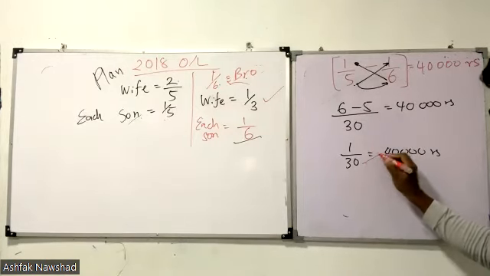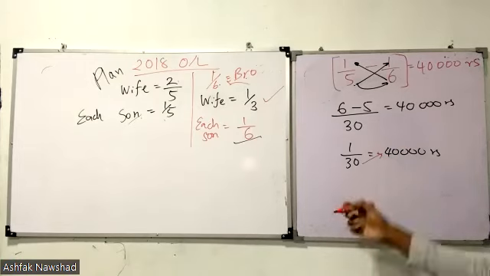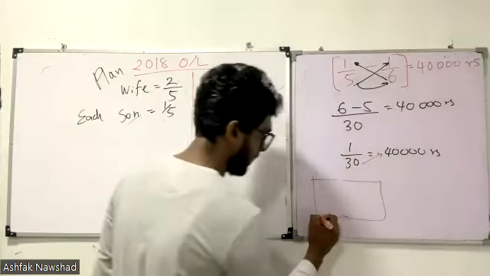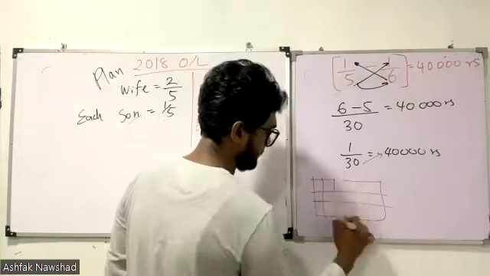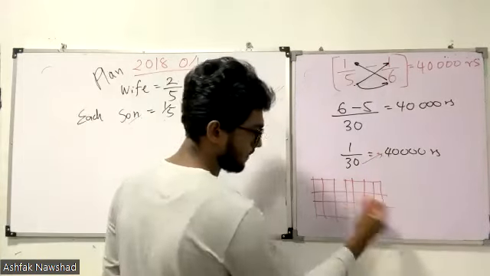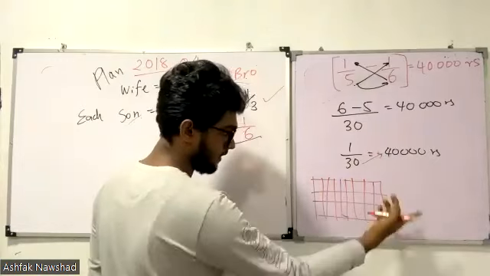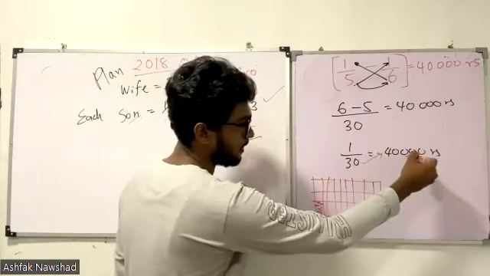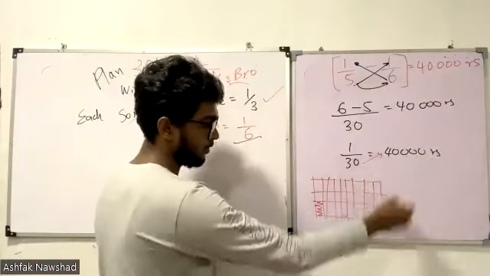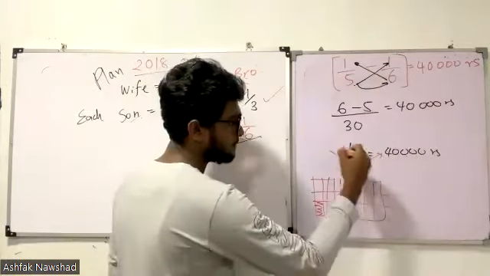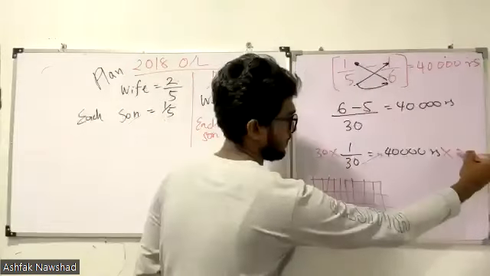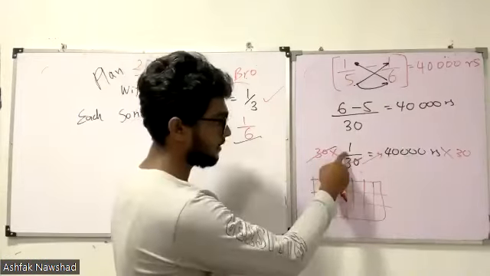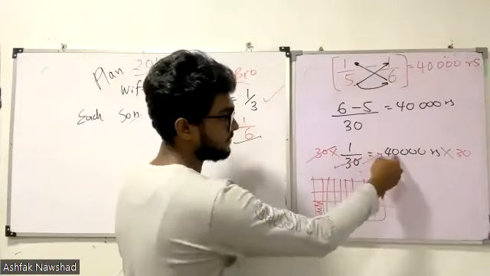In order to get 1, we just have to multiply this by 30. If I talk in diagrams, you had the money and you split it into 30. Just consider there's 30. So 1 out of 30 is 40,000.